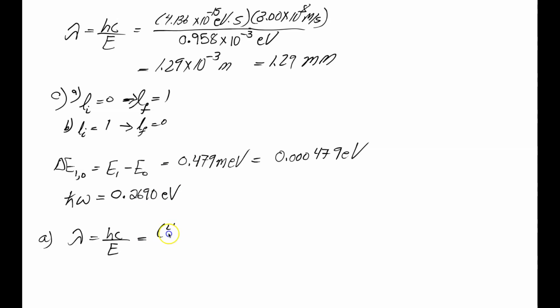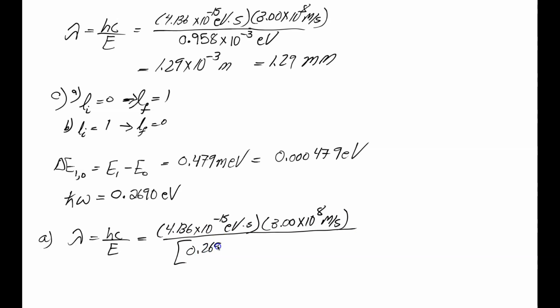So this will be 4.136 times 10 to the negative 15 electron volt seconds times the speed of light, 3 times 10 to the 8th meters per second, over the energy, in this case 0.2690 electron volts minus the 0.000479 electron volts.